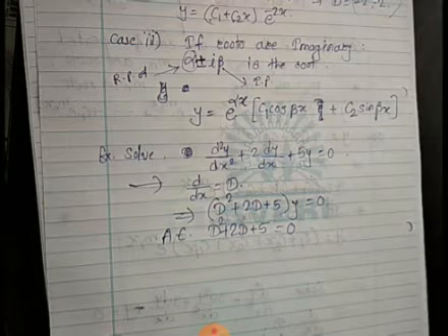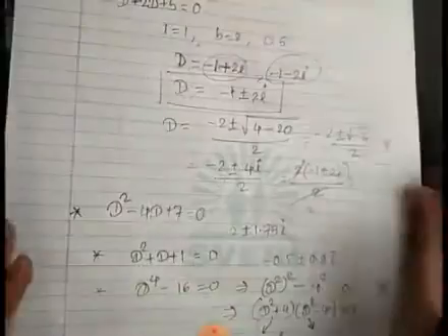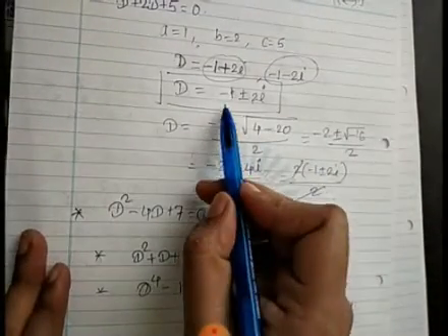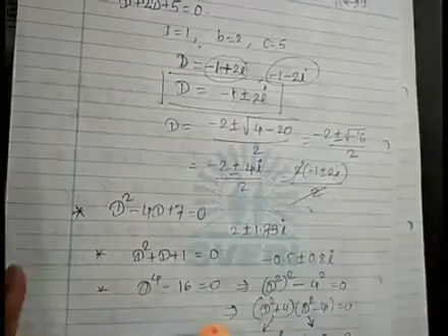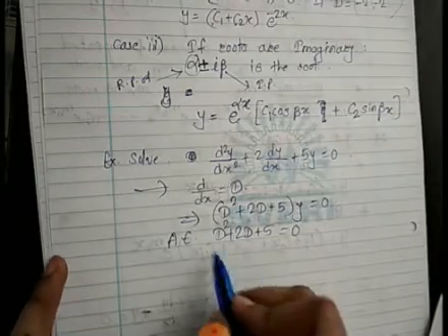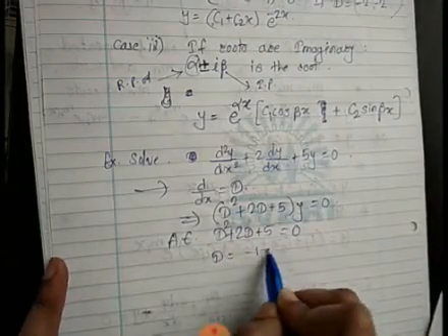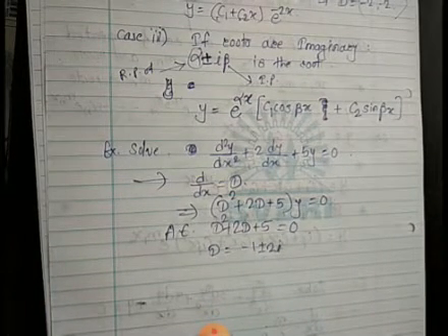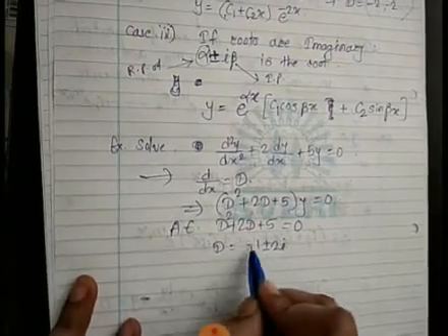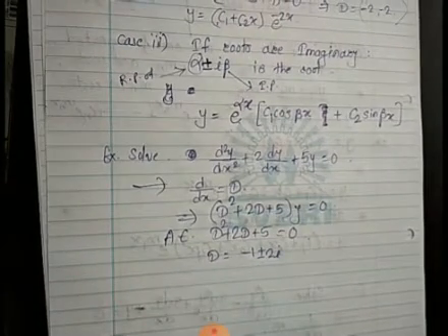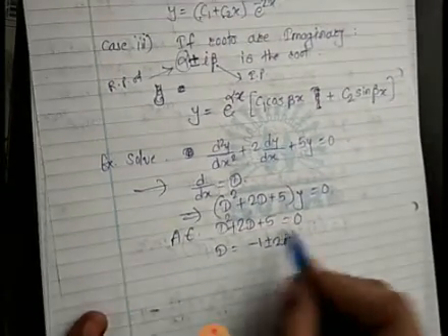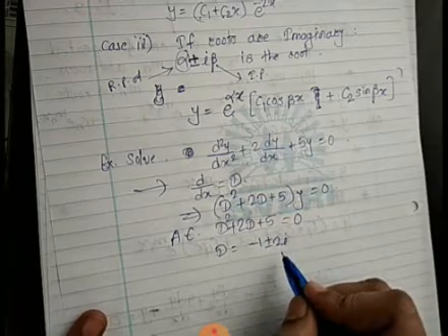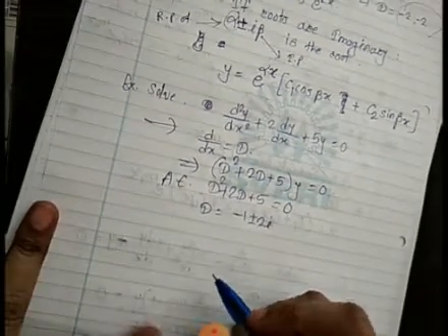Yesterday we have solved it. So D is minus 1 plus minus 2i. You can check on your calculator right now if you want. So the roots are minus 1 plus minus 2i. And this number is not real now, it is an imaginary number.